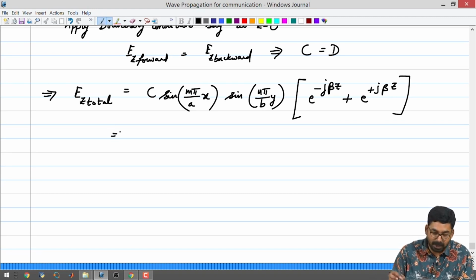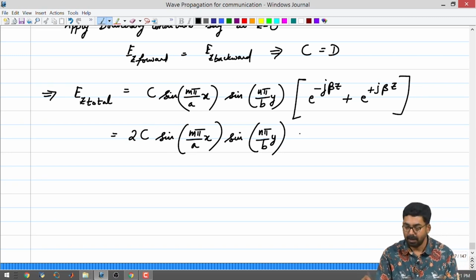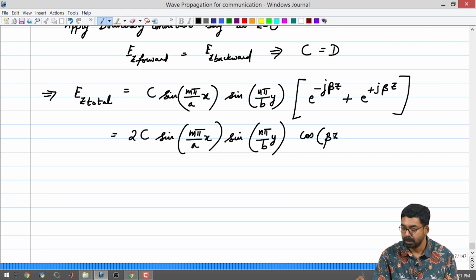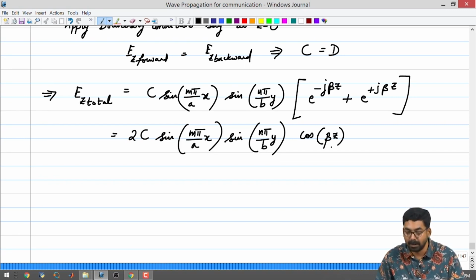So, this means that I will end up having 2 times c sin m pi by a into x sin n pi by b into y, and I will have a cosine beta z. On the right side now I have 2 times a constant that will determine the amplitude of this electric field.